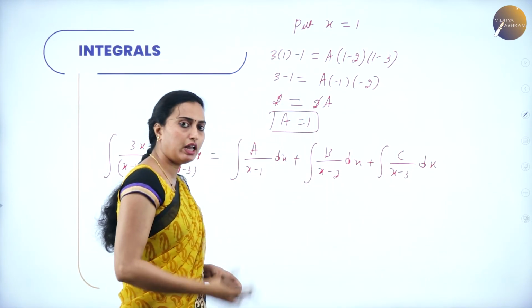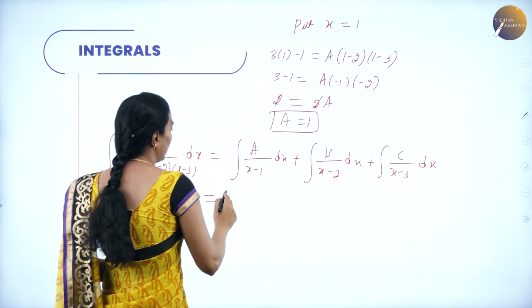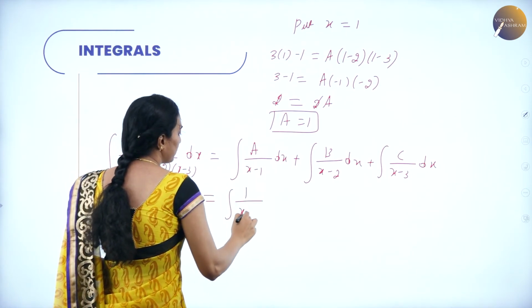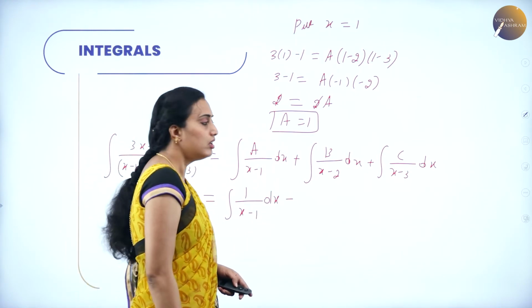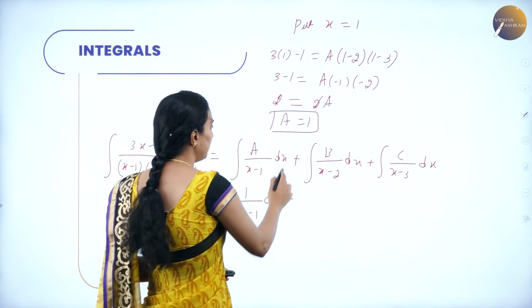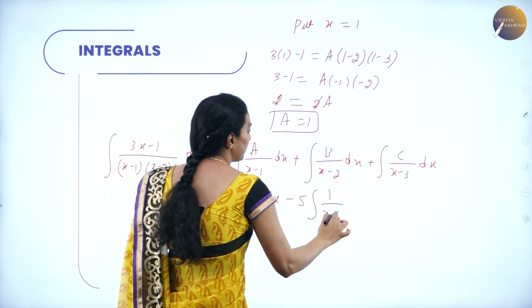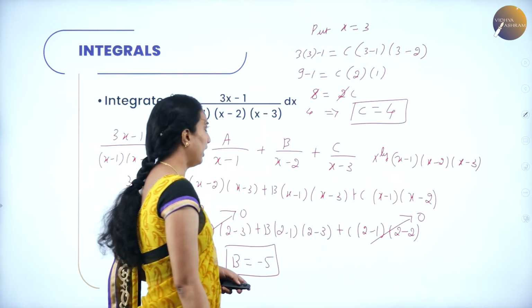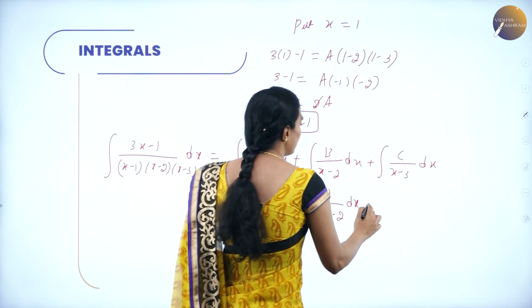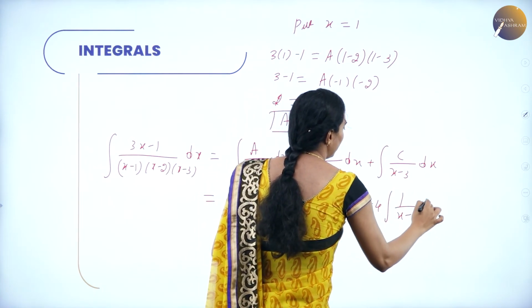Substituting the a, b, c values and taking them outside the integral because they are constants. A is 1, so 1 divided by x minus 1. I am neglecting 1 here, since 1 into anything is the same thing. Now the b value I got is minus 5, so minus 5 into 1 divided by x minus 2 into dx. Again, the c value I have got is plus 4, so plus 4 into integral of 1 divided by x minus 3 into dx.